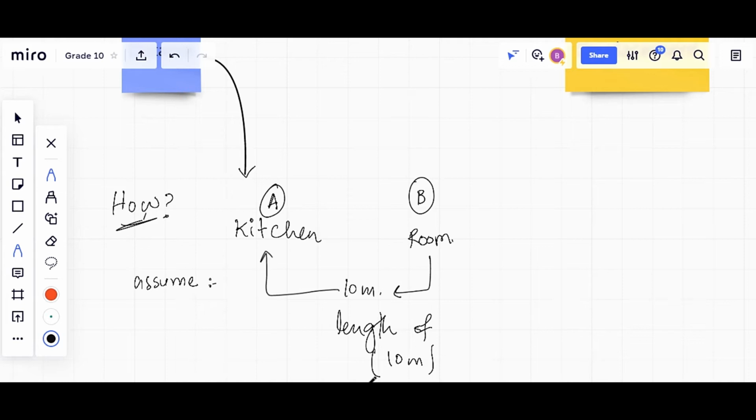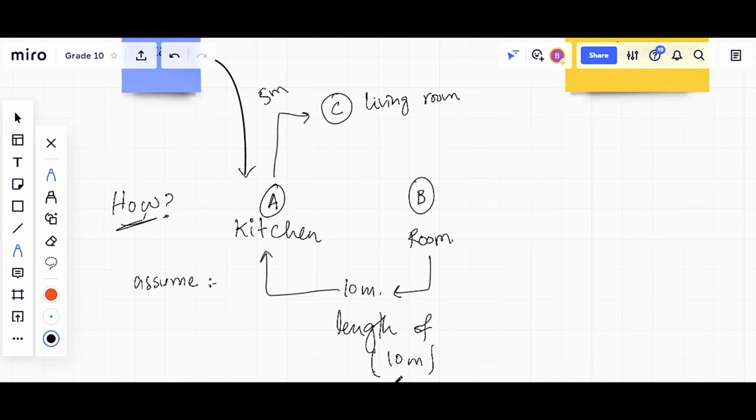We can expand this example to elaborate it better. You cover your 10-meter distance from room to the kitchen. Now you're going from A location to C location, which is your living room. Say your living room is around 5 meters away from the kitchen.